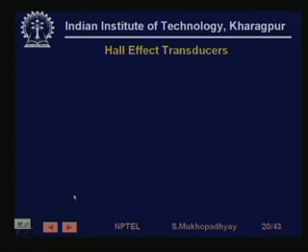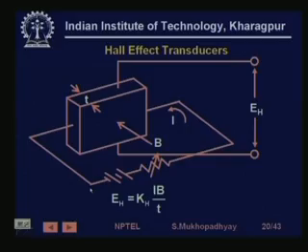And now we come to Hall effect transducers. These transducers are used quite a lot, especially in motor applications, as we will see later when we study drives. There is a class of motors called brushless DC motors, and for their drives you need to know the rotor position.